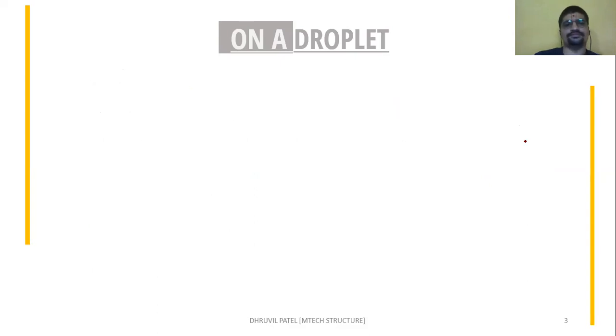Now this is the surface tension. It will occur on the periphery of the droplet, because we have the word surface; it will occur on the surface. It means it will occur on the periphery, or we can say on the circumference area.